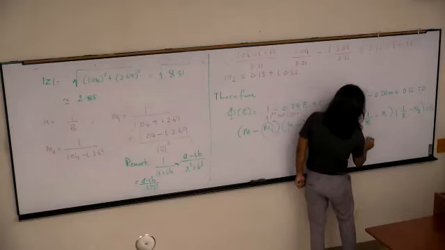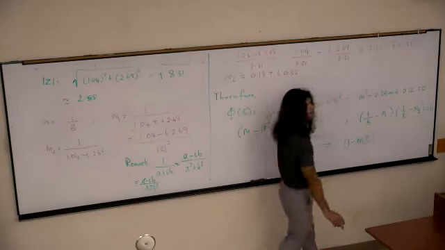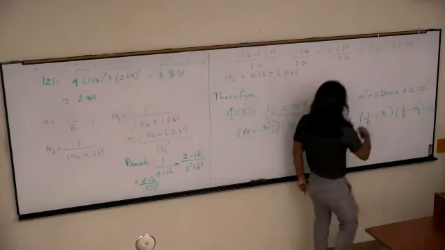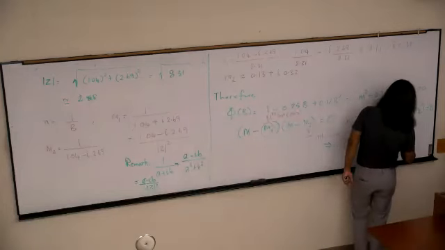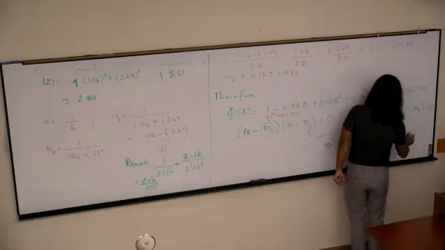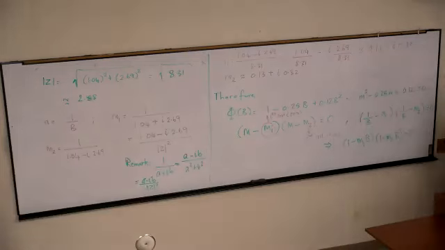I'll have 1 minus m1 b times 1 minus m2 b equals 0. So thus far, all I did is take the characteristic equation, factor it, and write it that way.